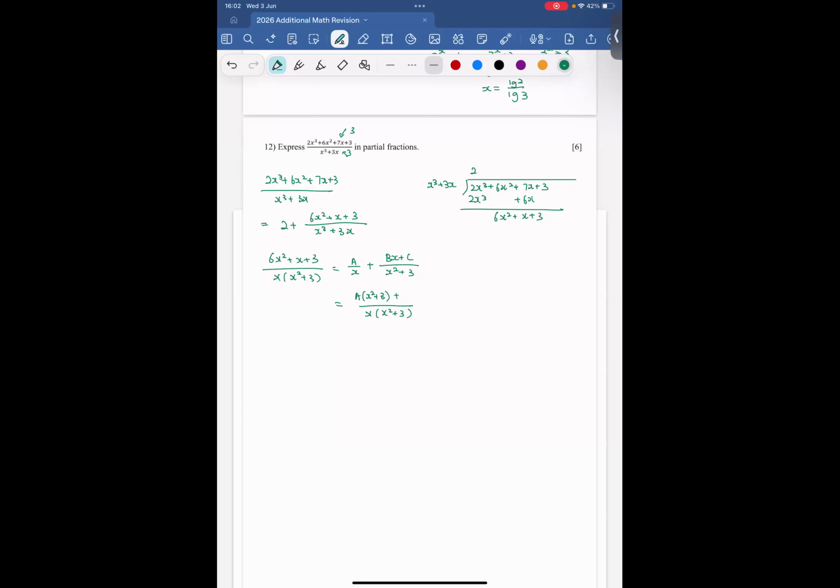Then the Bx + C, remember to draw bracket, we'll have to multiply by x. Okay, so since the denominator is the same, we can say 6x^2 + x + 3 equals to this. Okay, then now you either use substitution or you just expand and compare.